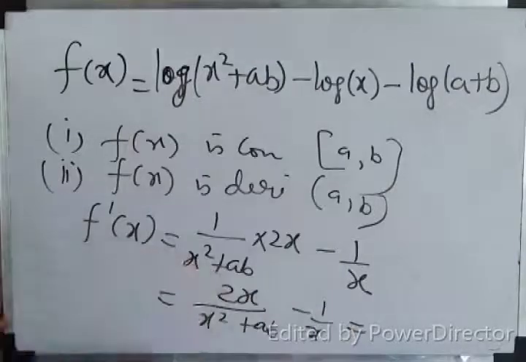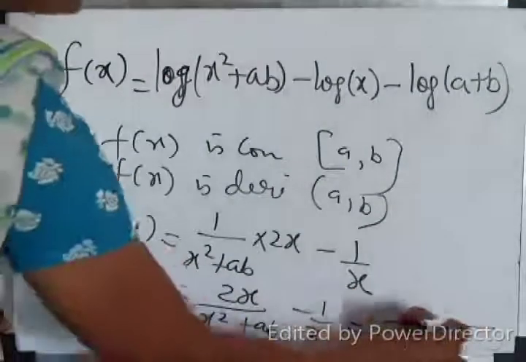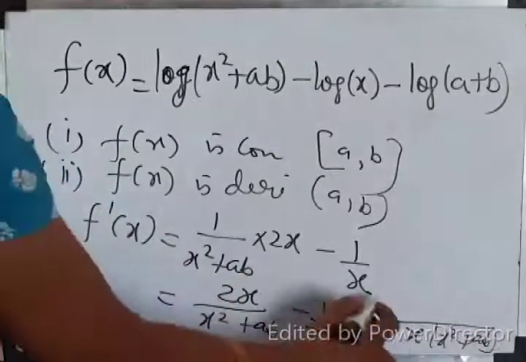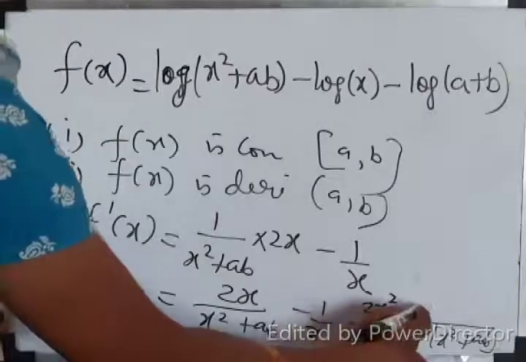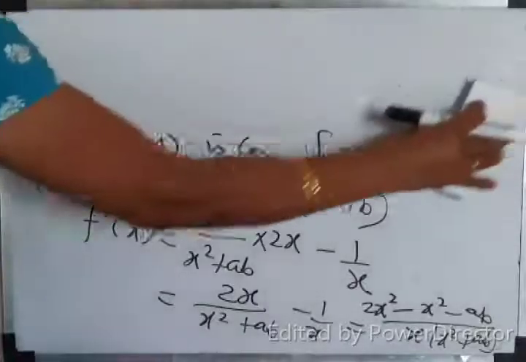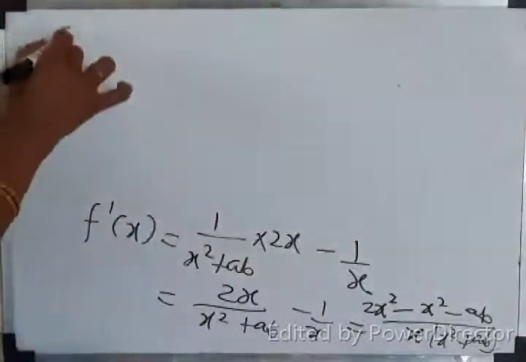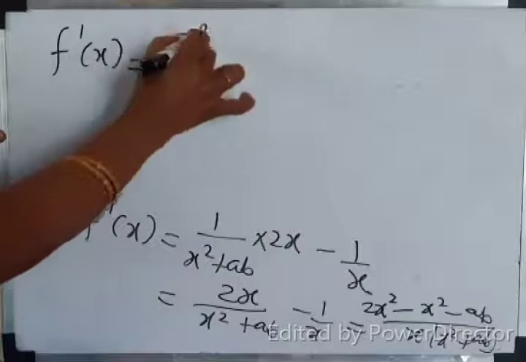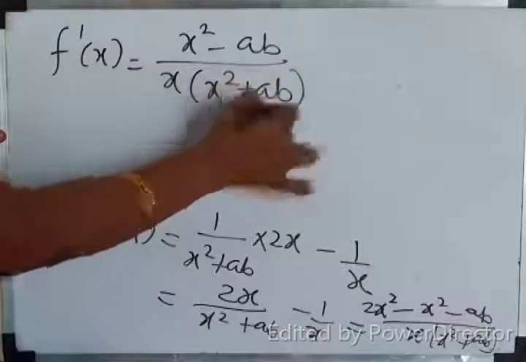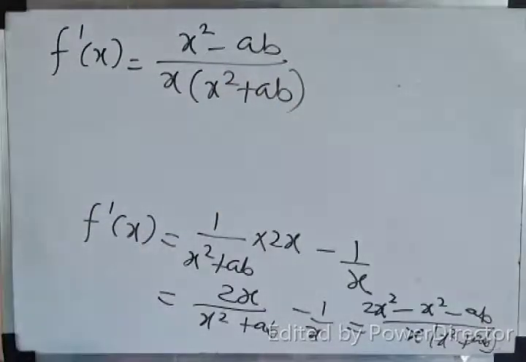What is my LCM? x into x squared plus ab. Correct? 2x squared minus x squared minus ab. That is my f dash of x, which is x squared minus ab by x into x squared plus ab. Am I right? You simplify.